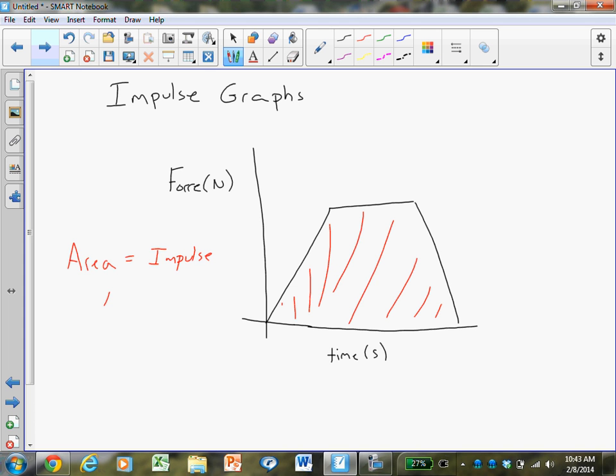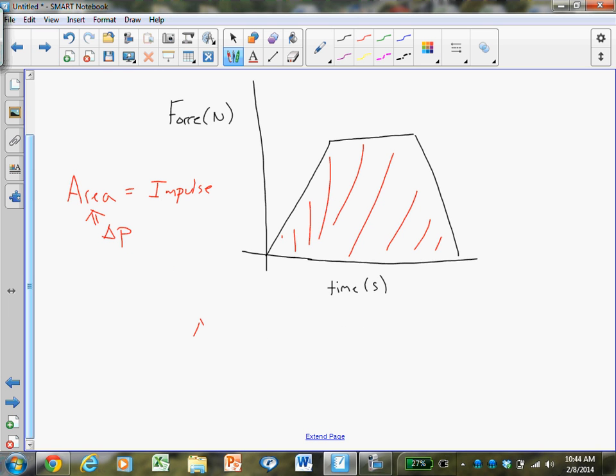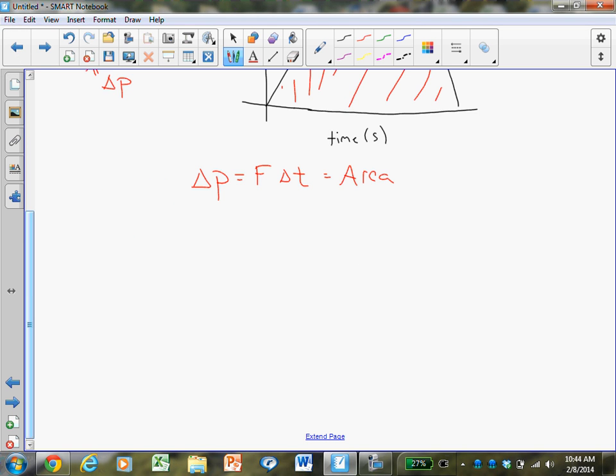Our delta p is the area, okay? So delta p equals F delta t equals the area. But of course the force isn't constant, is it? And so it's actually average force. So to write average force, we put a little bar over it like that.